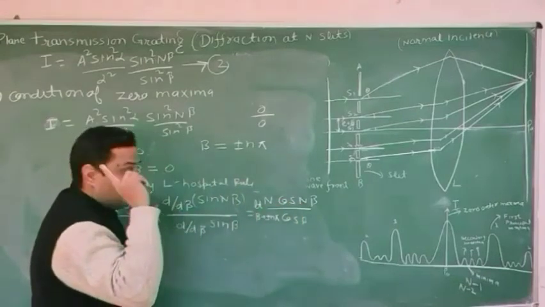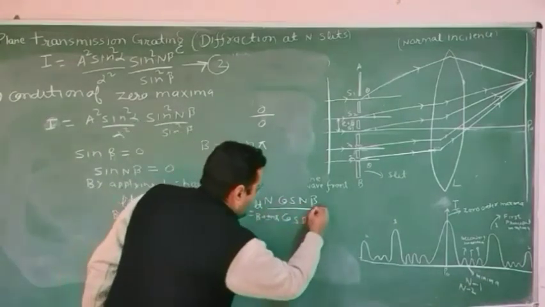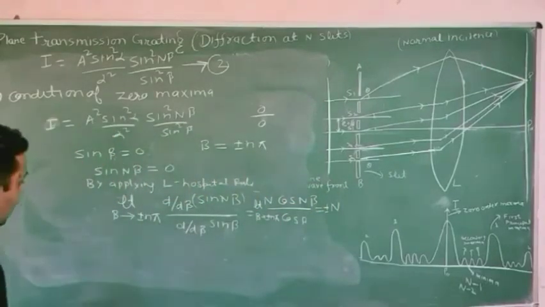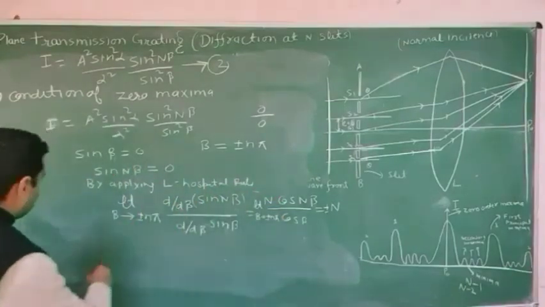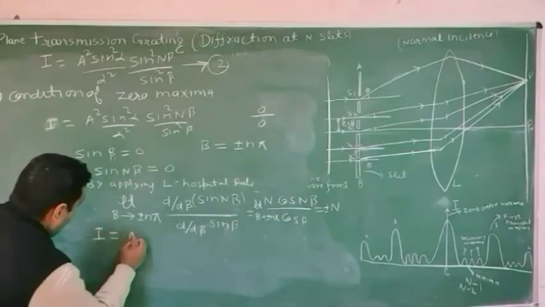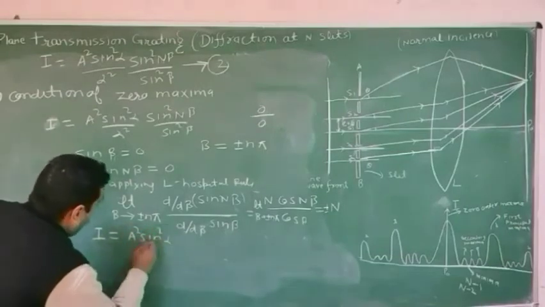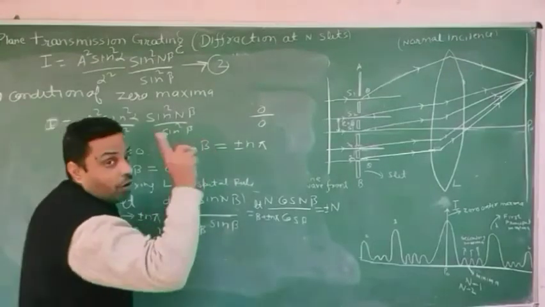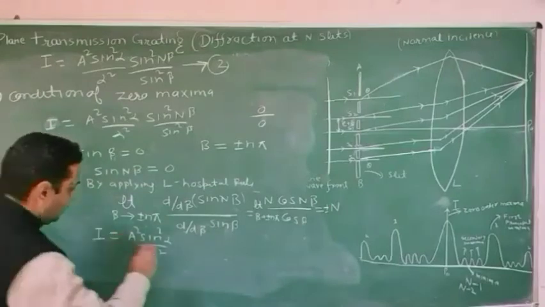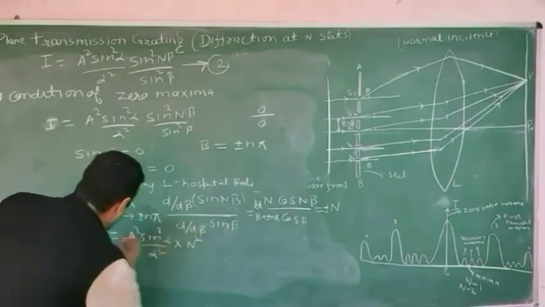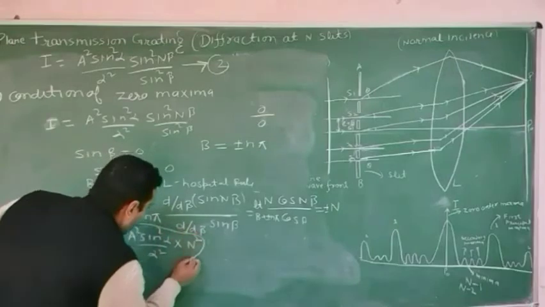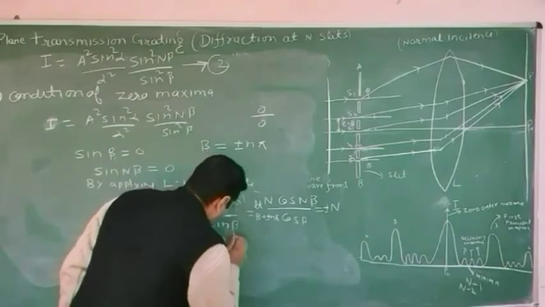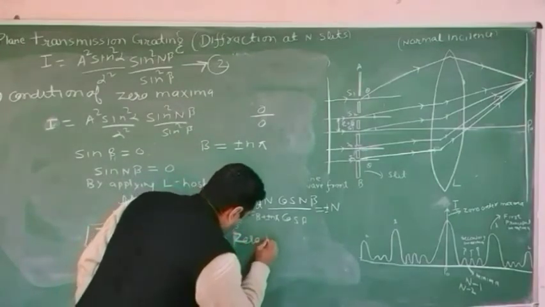If beta is 0, then cos is 1, so the total is plus minus N. So the total intensity will be A square sin square alpha upon alpha square, which is the amplitude of the wave coming from slits S1, S2, S3 up to Sn, multiplied by N square. This is the condition of the principal, or you can say the zero maximum.